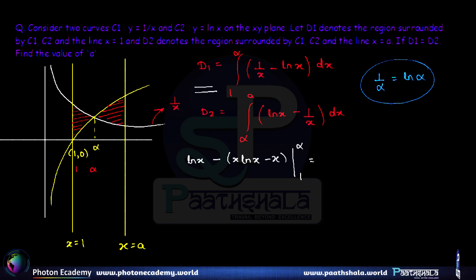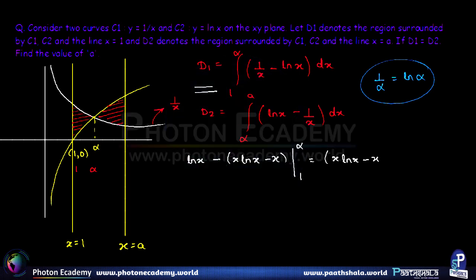So that will be ln x, the integral of that is x ln x minus x, and minus 1 upon x, the integral of that is ln x, so that is minus ln x, and its limits are from alpha to A.